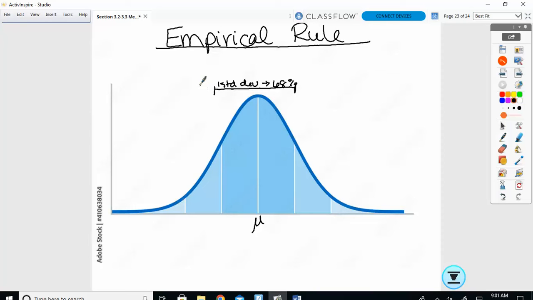All right. The next line. So from here to here represents 2 standard deviations.